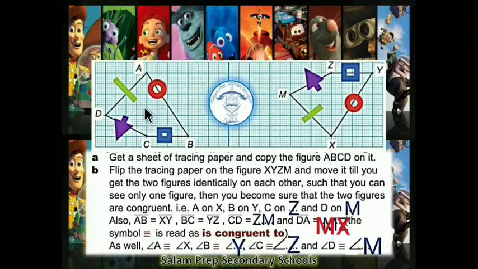The first shape A, B, C, D is congruent to X, Y, Z, M.